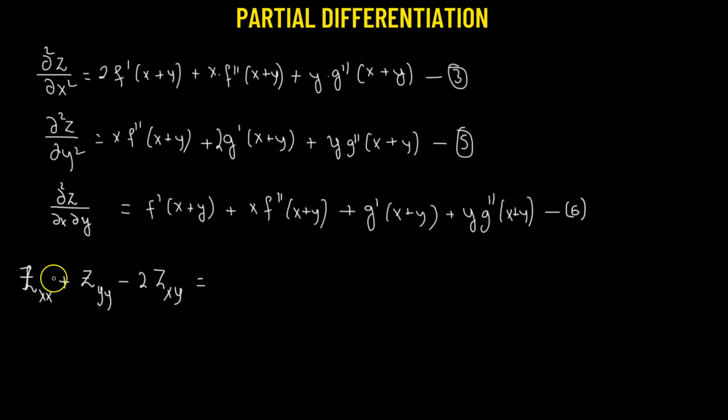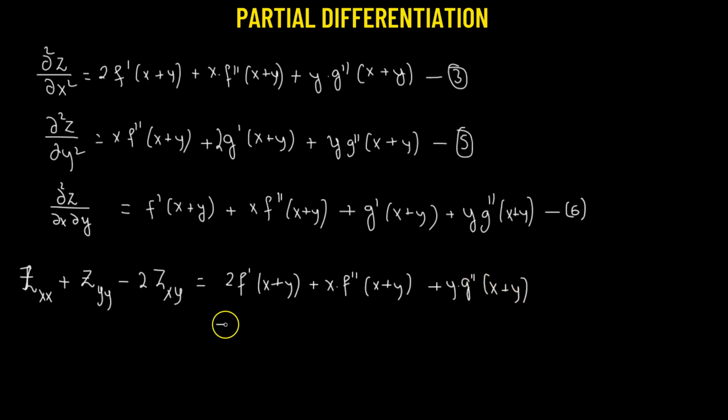So the second partial derivative of z with respect to x is 2 times f prime of x plus y plus x times f double prime of x plus y plus y times g double prime of x plus y. This is now added to the second partial derivative of z with respect to y, which gives us x times f double prime of x plus y plus 2 g prime of x plus y plus y times g double prime of x plus y.